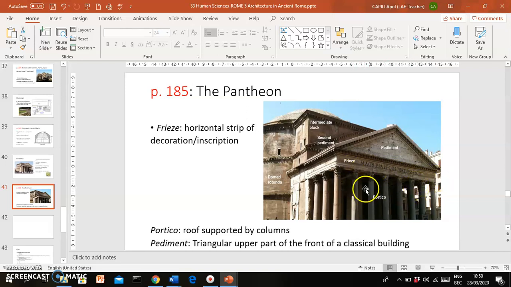The portico is this entirety, the roof supported by the columns. Okay, so that's the portico right there. That's about it. I hope that was clear.